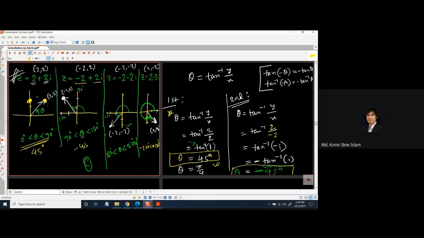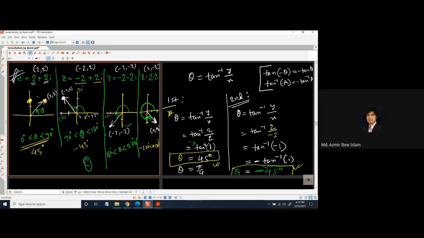But it is not going with our assumption. So the angle that you have found is also correct, but we have to add 180. That means the angle that we have found here, negative 45 degree, is this one.